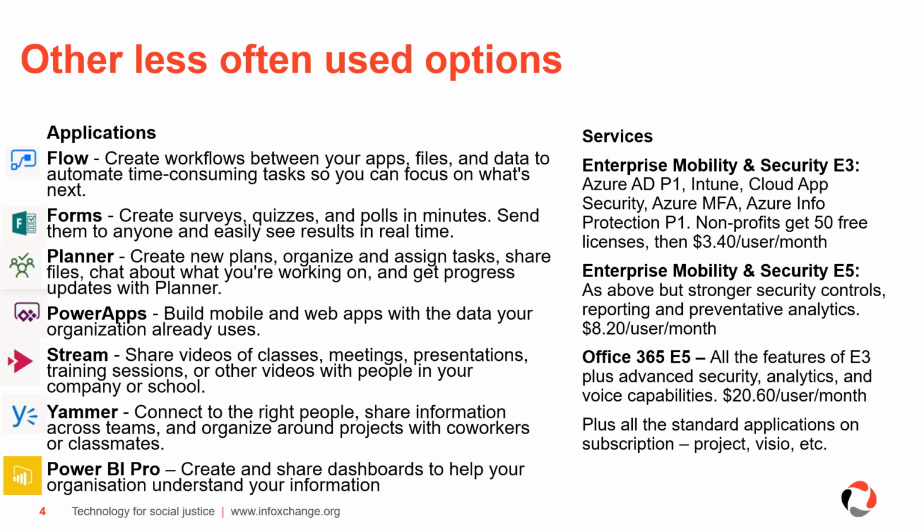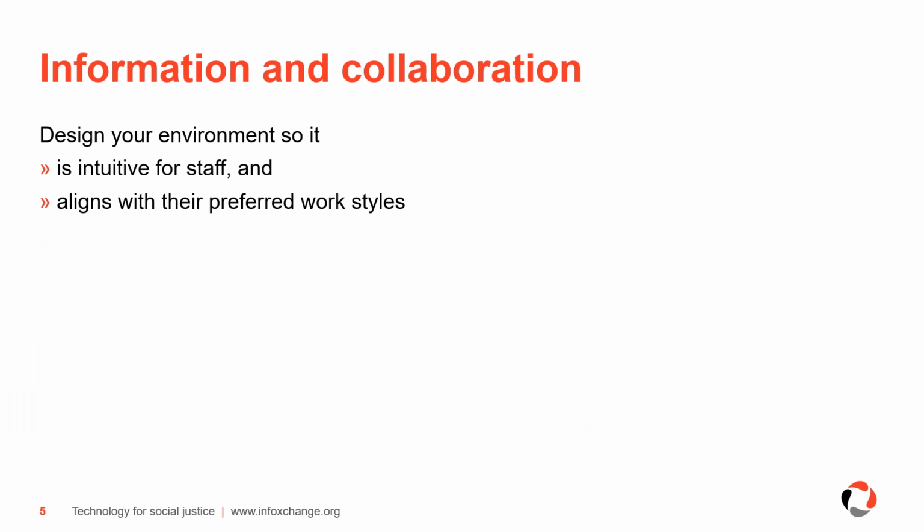But before I do that, I do want to talk a little bit about information and collaboration, because one of the challenges with Office 365 is that there are many options for sharing information. And that's good because you can pick the one that best works for you.